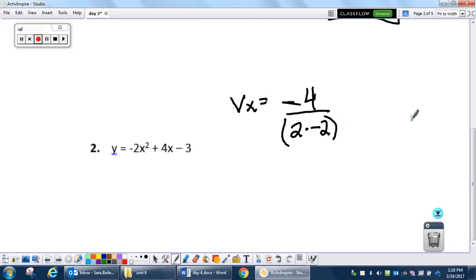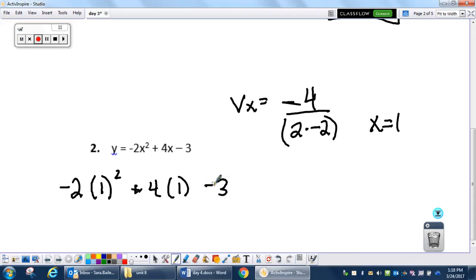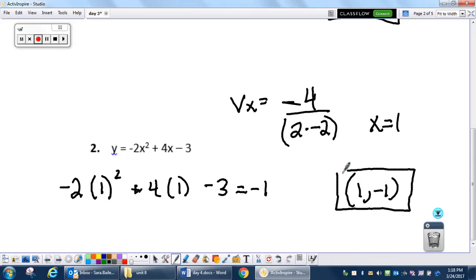And that should be giving you your x coordinate of 1. So now you have negative 2 times 1 squared plus 4 times 1 minus 3, and you should be getting negative 1. So your coordinate is 1, negative 1.